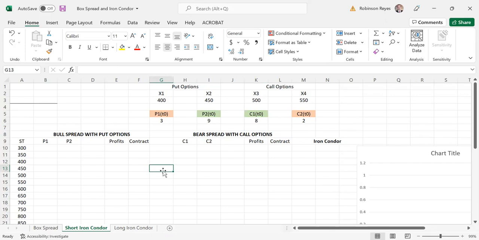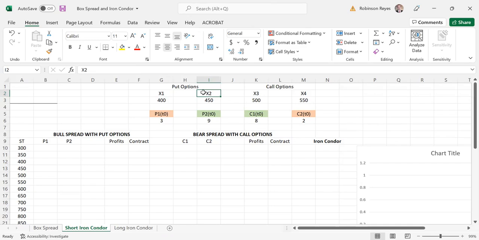strike prices. Then the bull spread, we form it with x1 and x2, buying the call option with the lowest strike x1 and writing a call option with the higher strike x2.